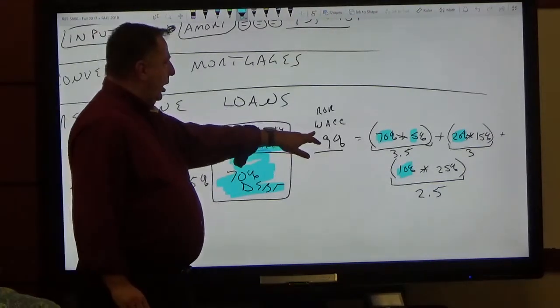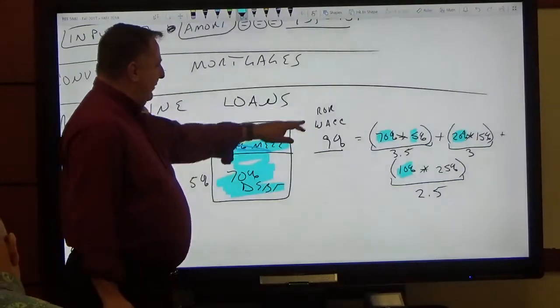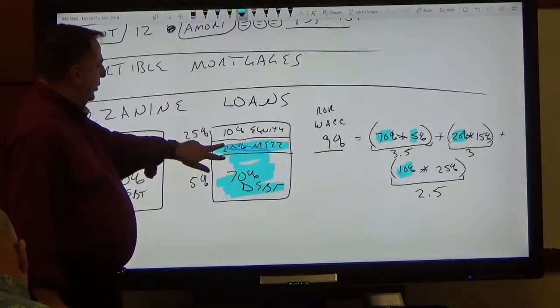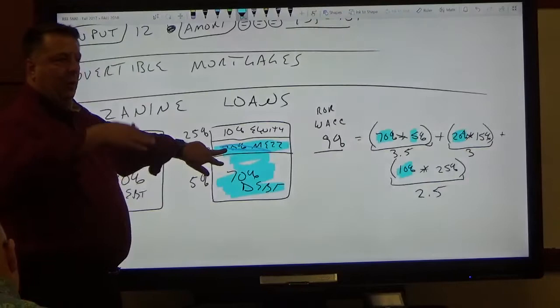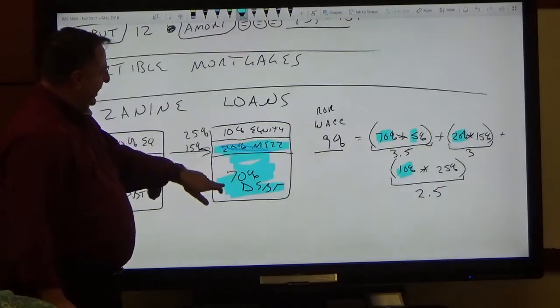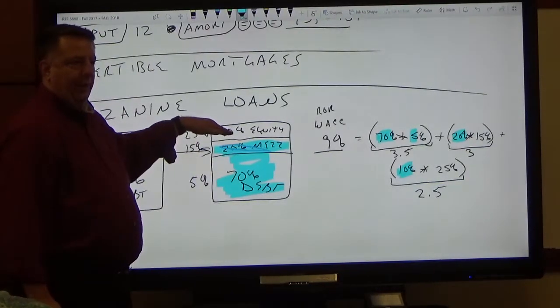Instead of the overall weighted average cost of capital, if I were to ask you what your total cost of financing or total cost of borrowing is, it's going to be these two combined. You're not going to include your equity.